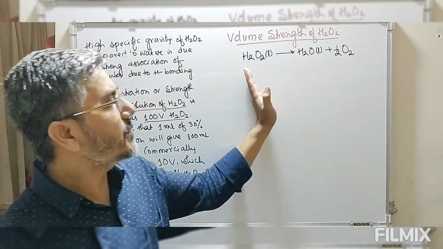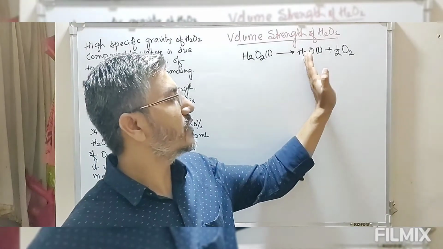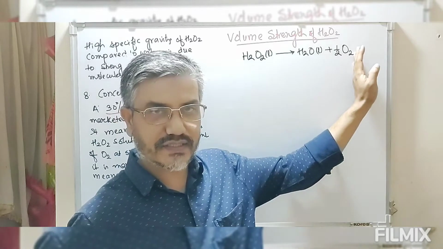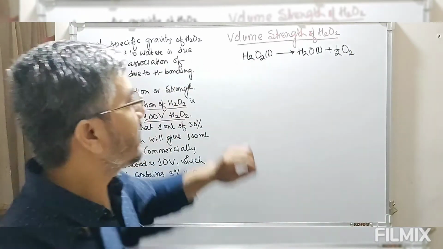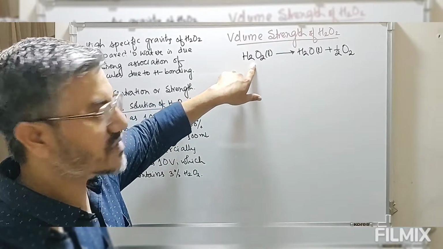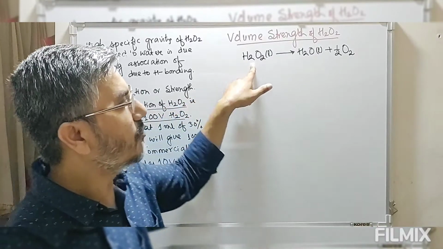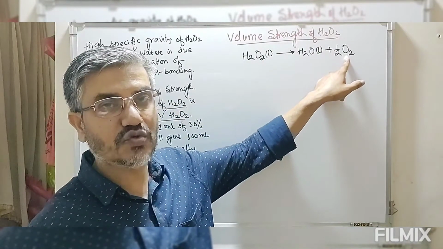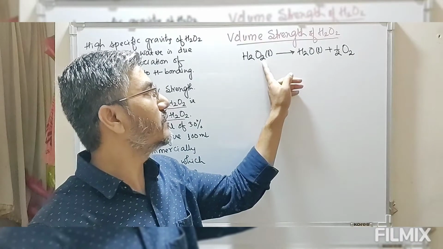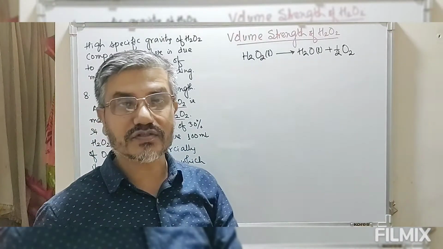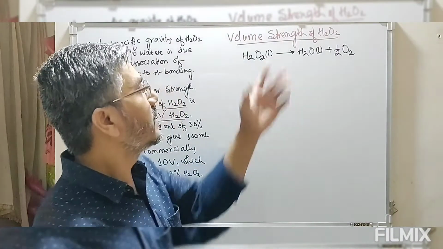Hydrogen peroxide decomposes to give water and oxygen gas. If I take 1 volume of hydrogen peroxide, how many volumes of oxygen gas will be produced at STP? That is known as the volume strength.